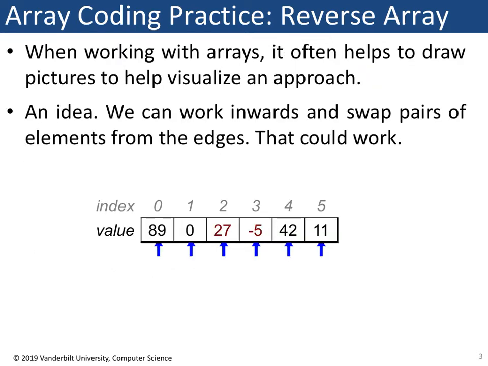A lot of times when you're trying to code with an array, if you're needing to do some sort of swapping or order-based method, it may be best to draw out a simple array and visualize what you actually want to do to it. So we wanted to reverse this array.